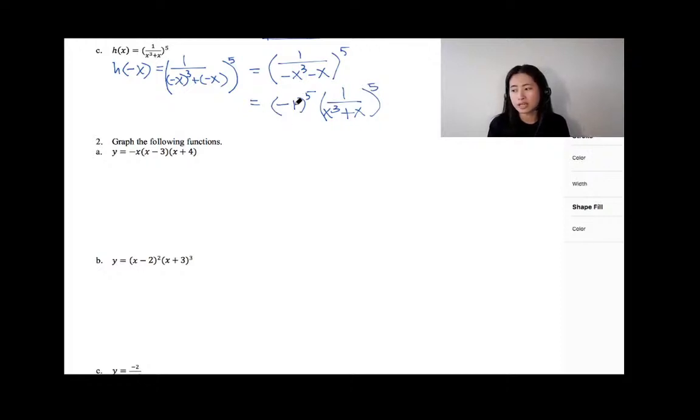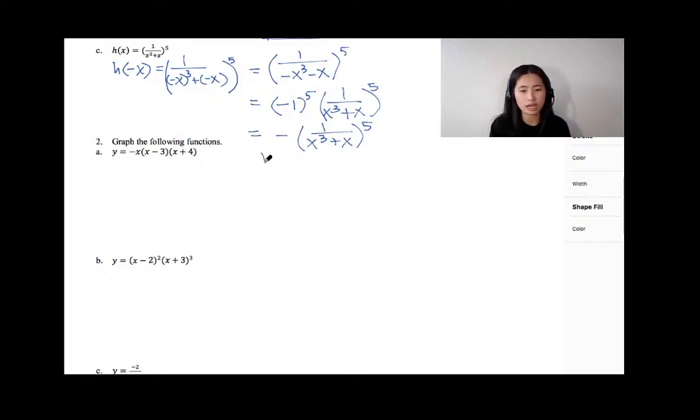And then now you can see that, I've probably said this so many times now, but if you have a coefficient that is a negative number and you're raising that to an odd exponent, that means it becomes negative. So you're going to have this negative 1 here because of this odd exponent, and then you're going to have 1 over x cubed plus x raised to the power of 5. So as you can see, you have a negative sign out here.